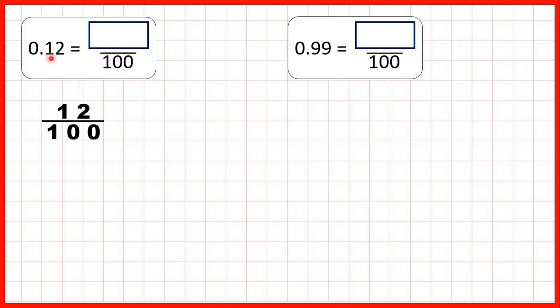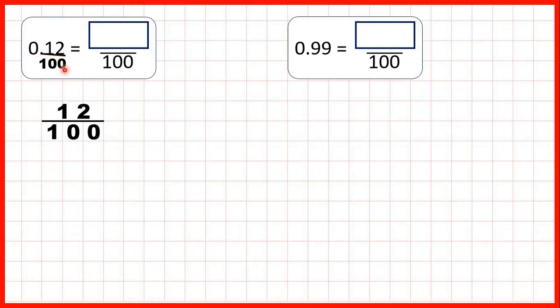What we can do, if we see a number with 2 decimal places, we can draw a line across from the decimal point and write a denominator of 100.